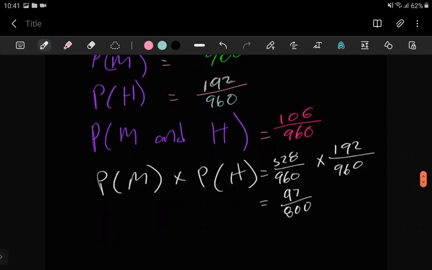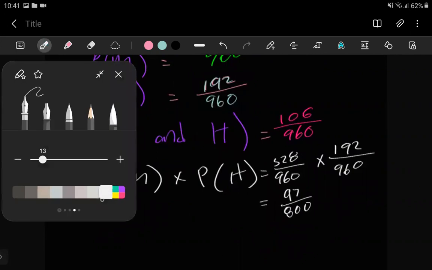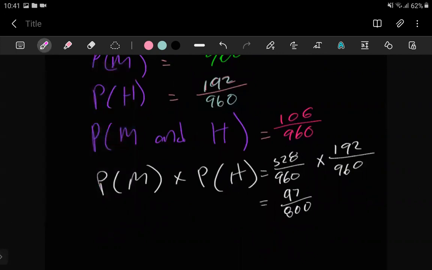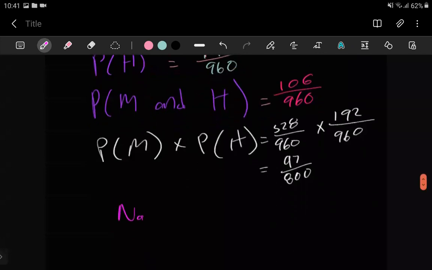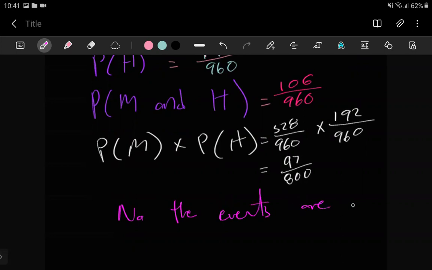But because it's not equal to the 106 over 960, you can say no, the events are not independent events. That's what you can give as a conclusion.